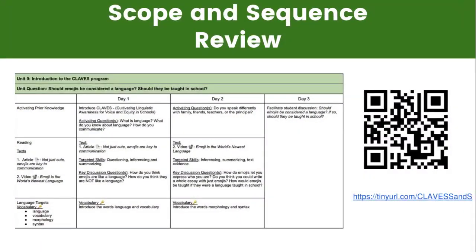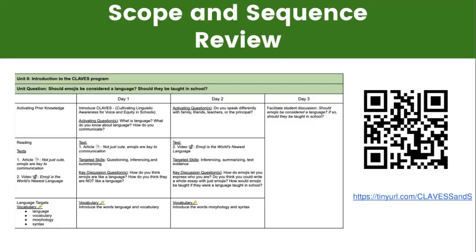And so just to review, here's the scope and sequence just for Unit 0. You can see on the rows on the left-hand side there, we focus on activating prior knowledge, we focus on reading, and we focus on language targets. In day 1, we activate prior knowledge by introducing CLAVES, what it is, asking students what they think language is, what they know about language, and then reading the article, not just cute, emojis are key for communication.